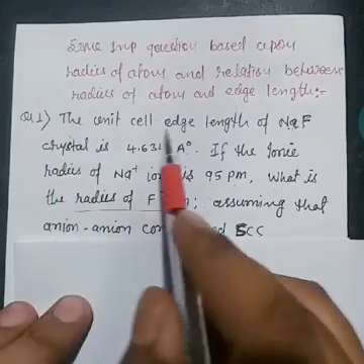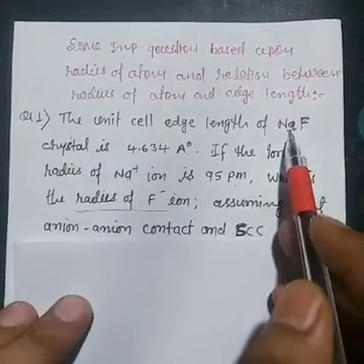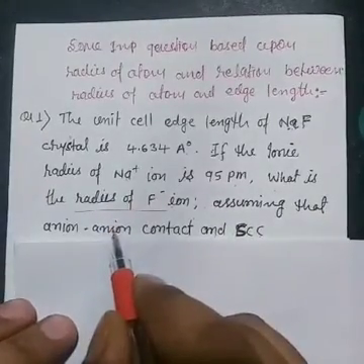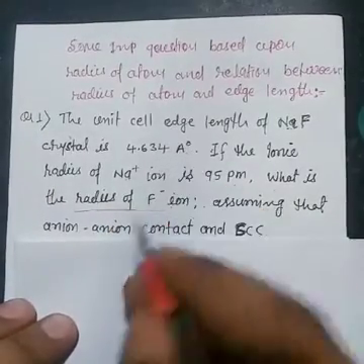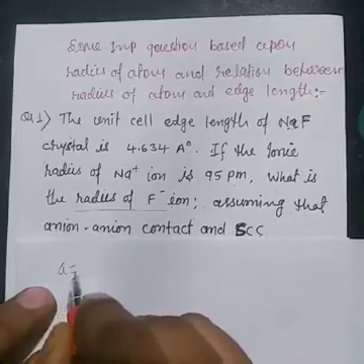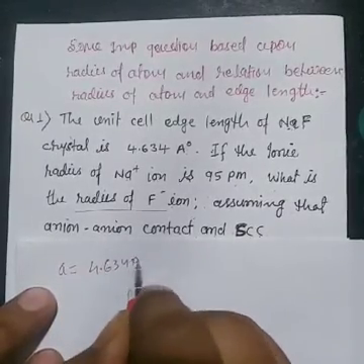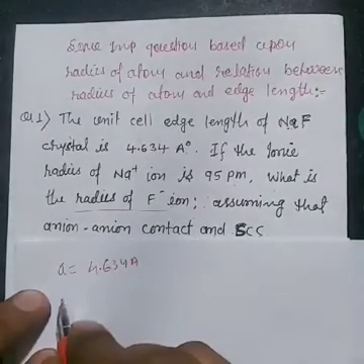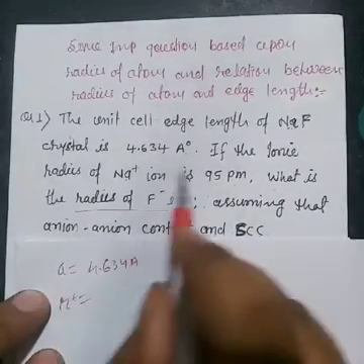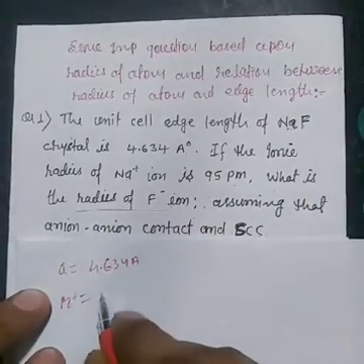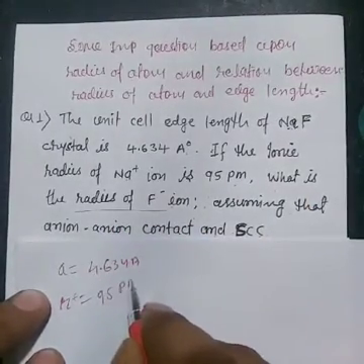See the unit cell edge length of sodium fluoride is 4.634 angstrom. So the given value of a is 4.634 angstrom, and one parameter, R positive, that is the ionic radius of sodium ion, is 95 pm.